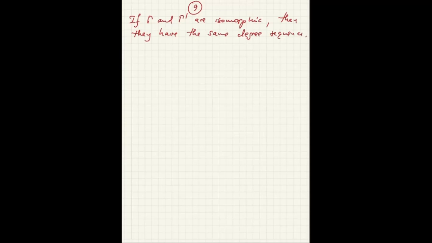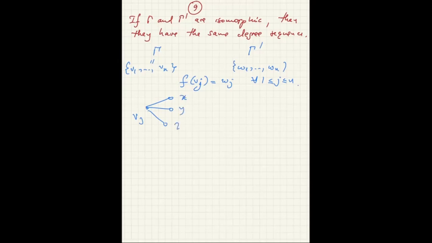And that's not too difficult to see, because if you have the graph gamma here and you have gamma prime here, this has v1 through vn, and this has, let's say, w1 through wn, and let's say we have f of vj goes to wj for any j between 1 and n. Then what happens is, vj has some neighbors here, x, y, z.